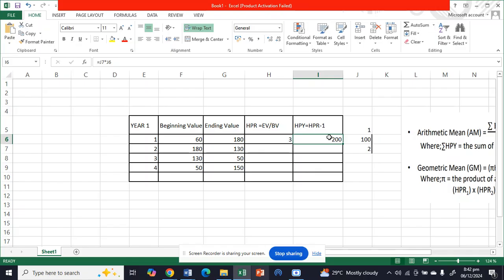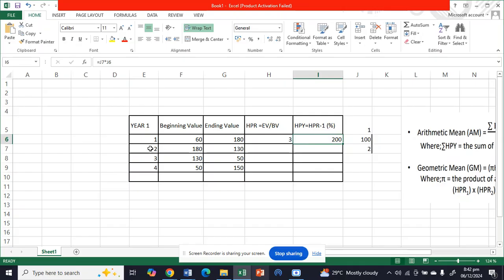This 200 represents a percentage. So over this year, this investment grew by 3 times, which is to say it grew by 200% basically.